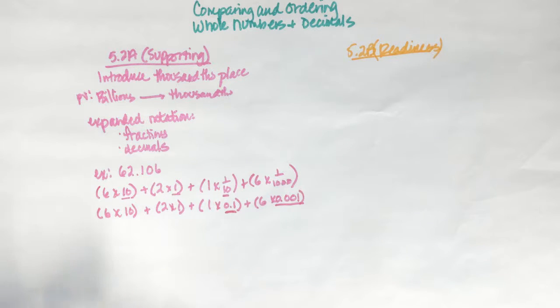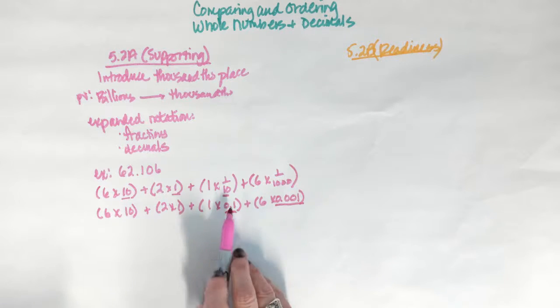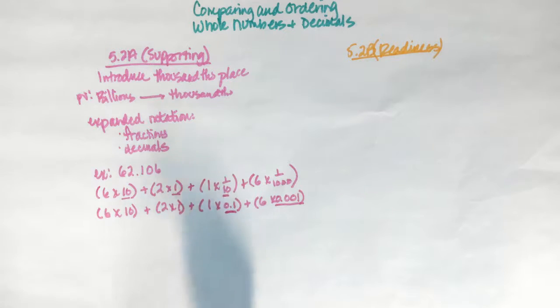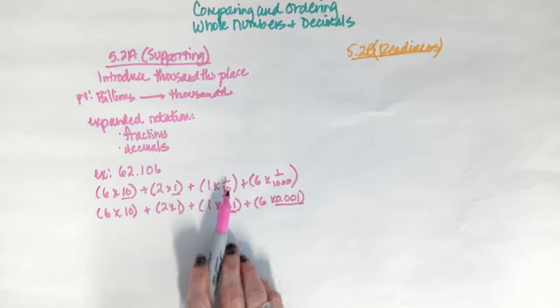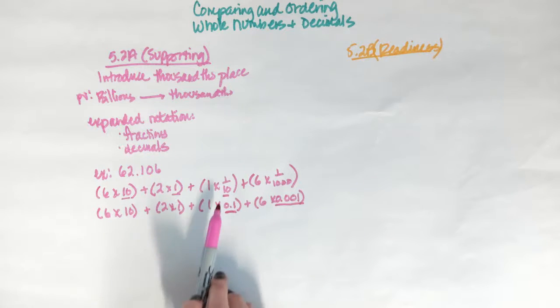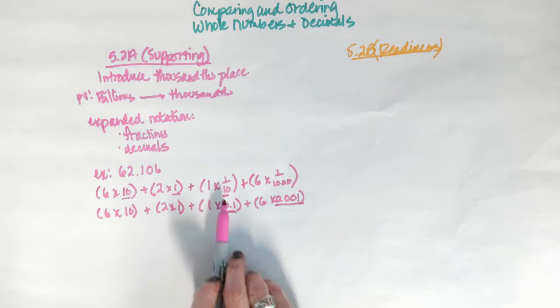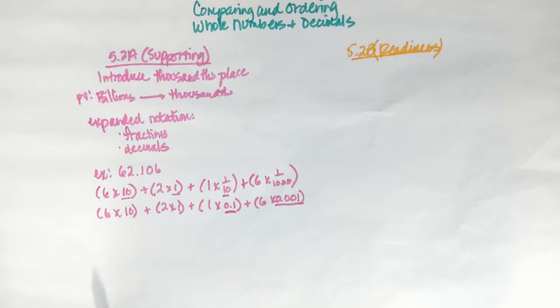When we get to our unit later in 5.3K, where we are adding decimals, whole numbers, and fractions all together, add all positive rational numbers, kids need to understand that there's more than one way to write 6/10. I can write it as a fraction or I can write it as a decimal. So you're laying that foundation now that this is the same number.